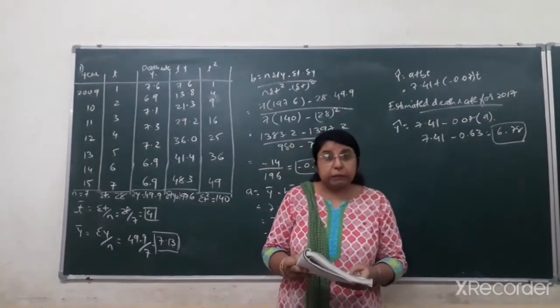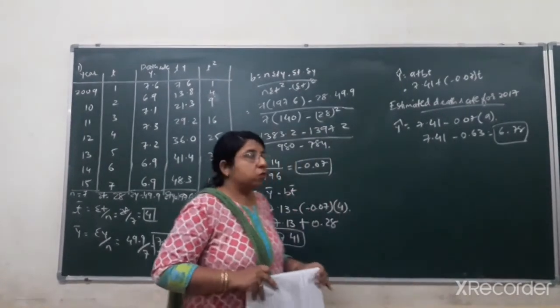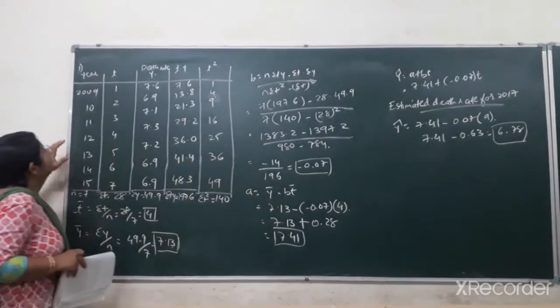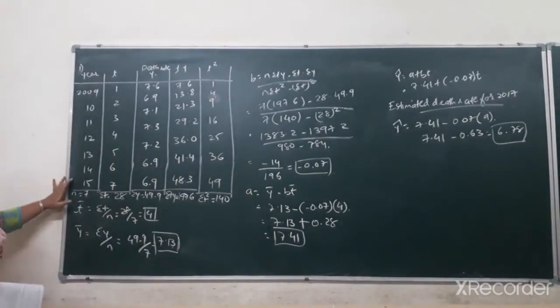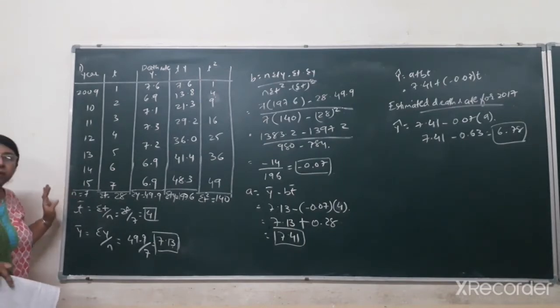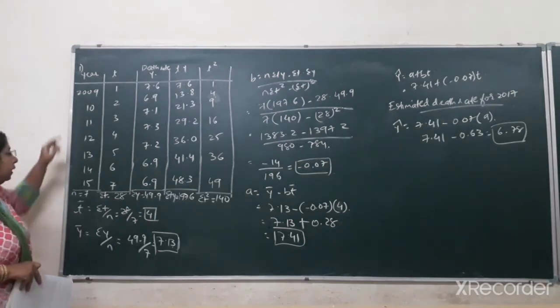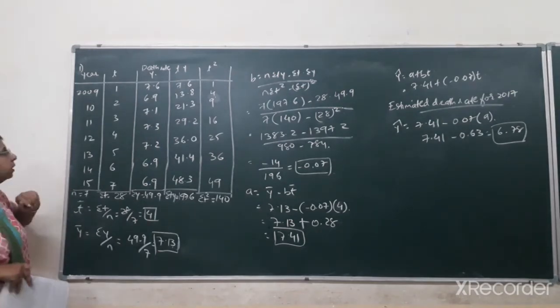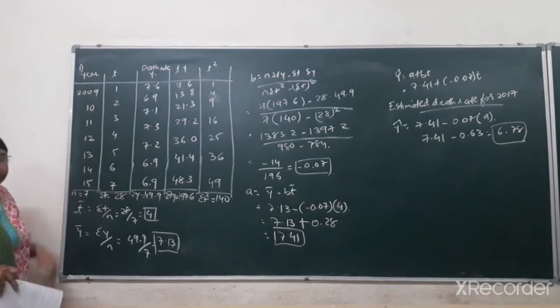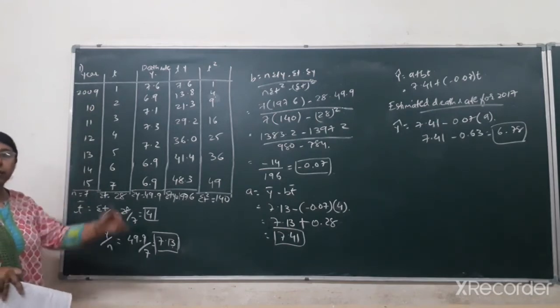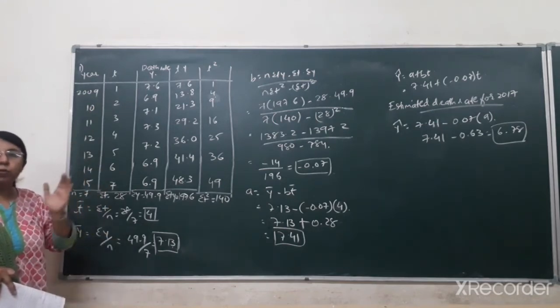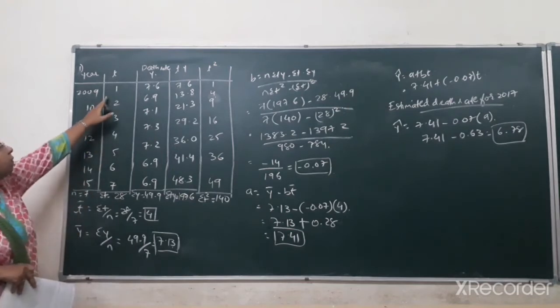You can see the year and death rate has been given to you. So according to the board, I have written the year, that is from 2009 to 2015, that has been given to you. That means n value, that is 7. So total number of observations, that is 7, from 2009 to 2015. Now always T, you have to take in chronological order, ascending order, always starting from first.